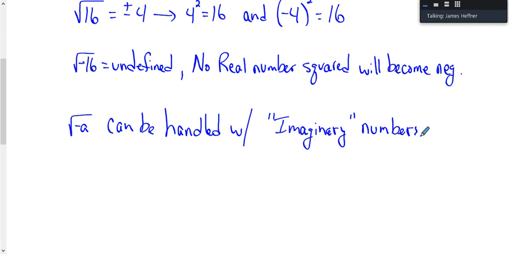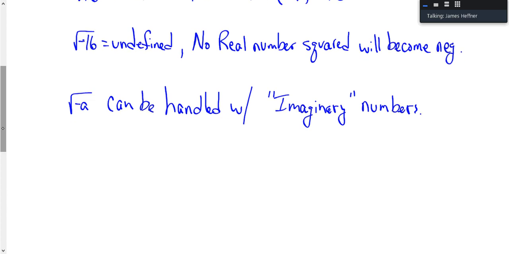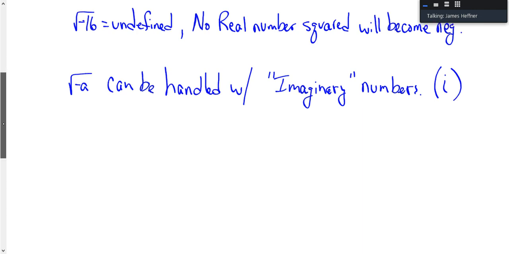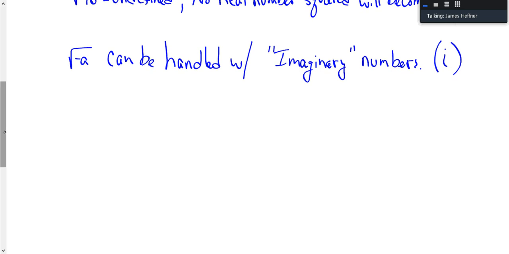So let me take a look at a... oh, and by the way, that imaginary number is this lowercase letter i, standing for imaginary. Let's show you the graph of something that has solutions, right?